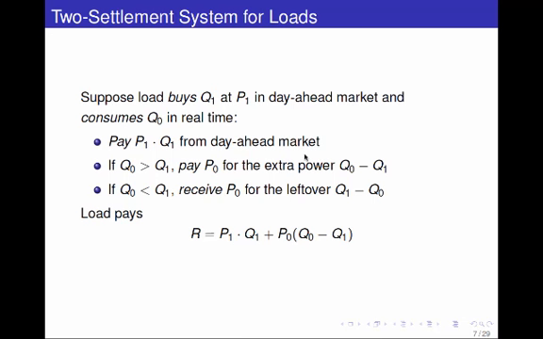Now, the formula, like I said, is ridiculously simple, but it has two very powerful features. The first powerful feature is that provided I produce what I promised one day in advance, the risk that comes from uncertainty about the real-time price does not affect me at all.